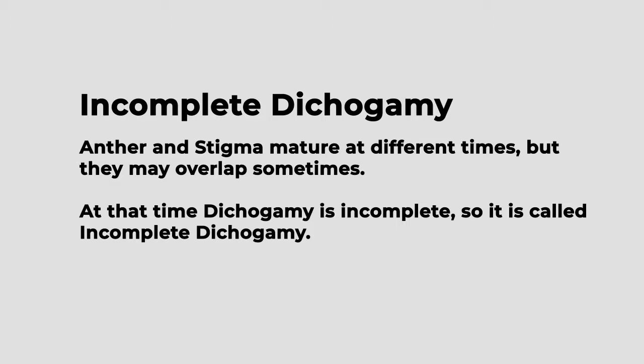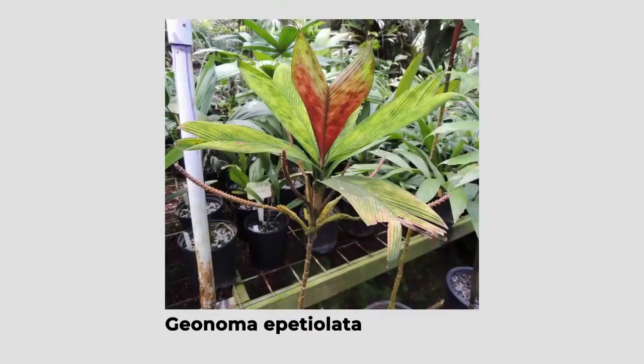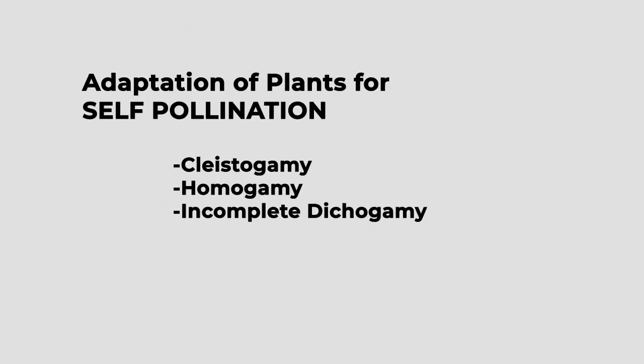You know, pollination occurs if the sex organs attain maturity at the same time. An example is not given in your book, but I will give one: Geonoma petiolata. We have learnt adaptations of plants for self-pollination. They are clistogamy, homogamy and incomplete dichogamy.